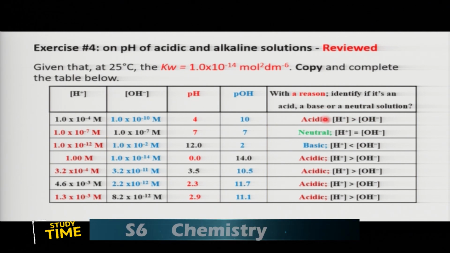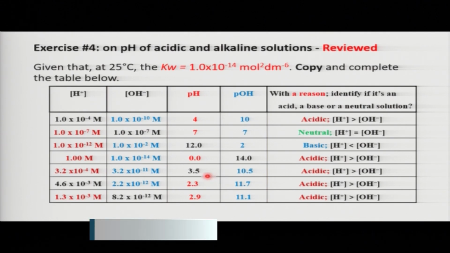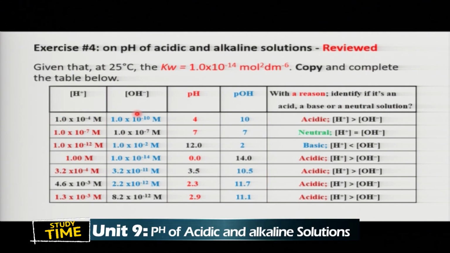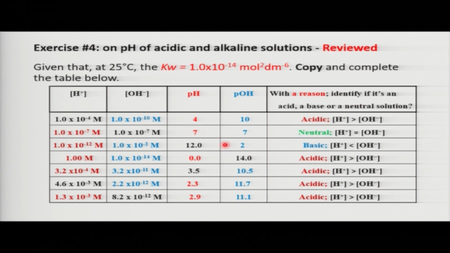So how do we come up with the answer to whether it is basic, neutral, or acidic? You look at the concentration of hydronium ions relative to the concentration of OH ions. Which one is in bigger amounts? If the hydronium ions is bigger, then it will neutralize the OH ions, making the solution to have a net hydrogen ions, which gives it acidic nature.